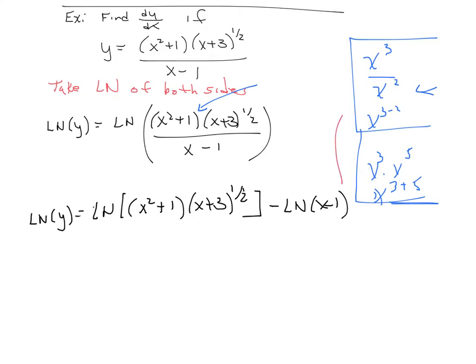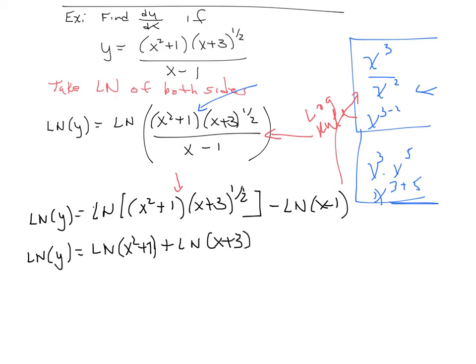So this is this log rule. So I've taken a quotient and turned it into a minus. Now I'm going to take a product and turn it into a plus. The only thing you have to remember is when you do that, you have to write logs for each piece. So all I've done is now I've taken this product and I've turned it into pluses.